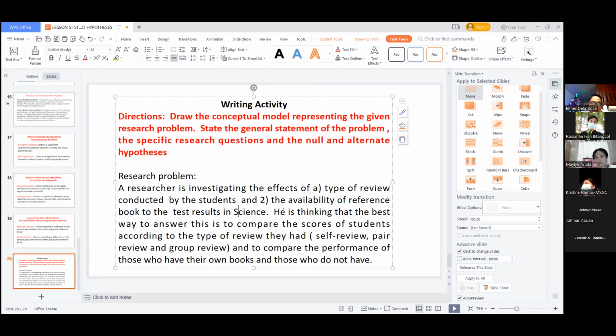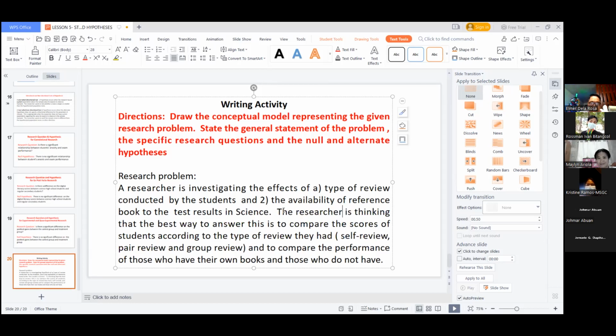The researcher, baka sabihin nyo, lalaki yung researcher. The researcher is thinking that the best way to answer this is to compare the scores of students according to the type of review they had. May mga estudyante daw na nag-self-review, may mga estudyante daw na nag-peer review, at may mga estudyante nag-group review.